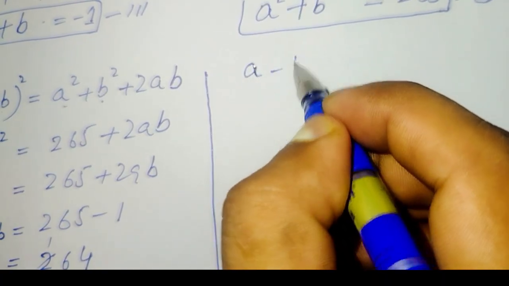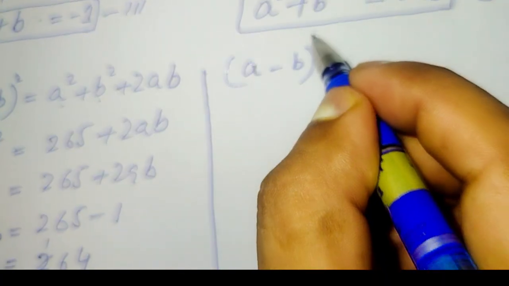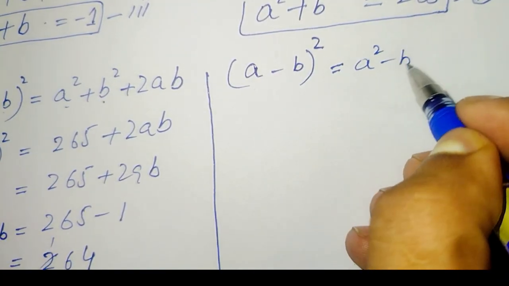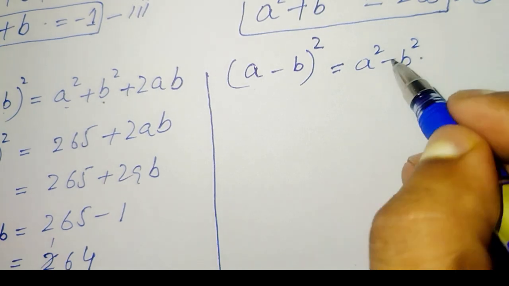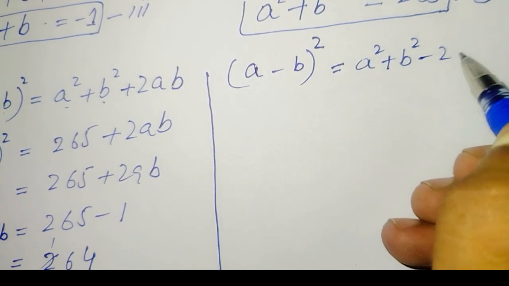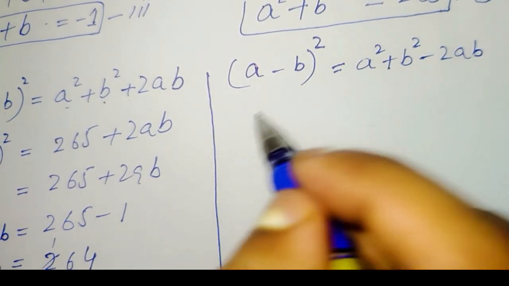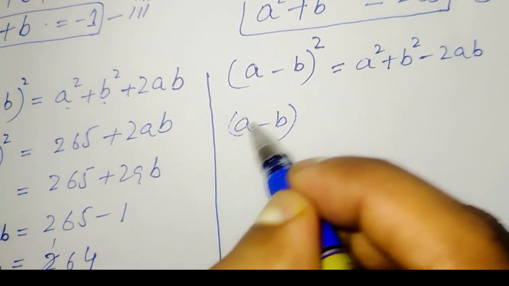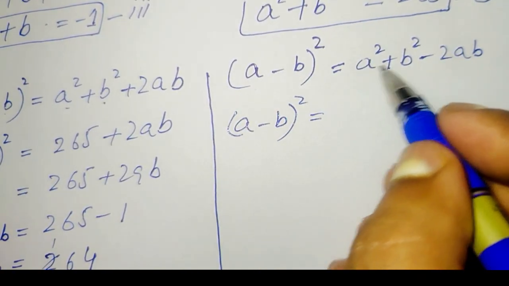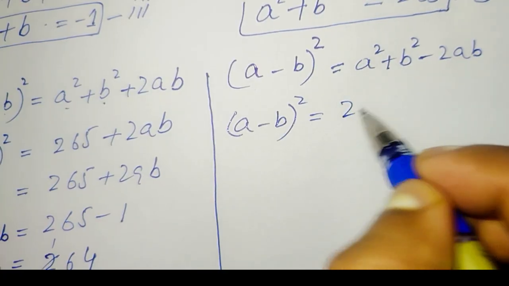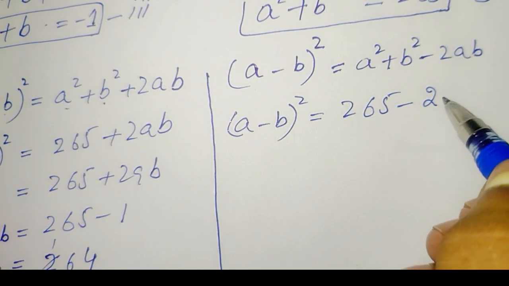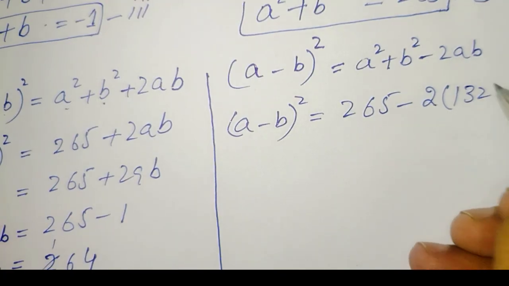Now we know that a minus b whole square equals a square plus b square minus 2ab. If we place the values out here, a square plus b square was 265, and minus 2 into ab, that was 132.